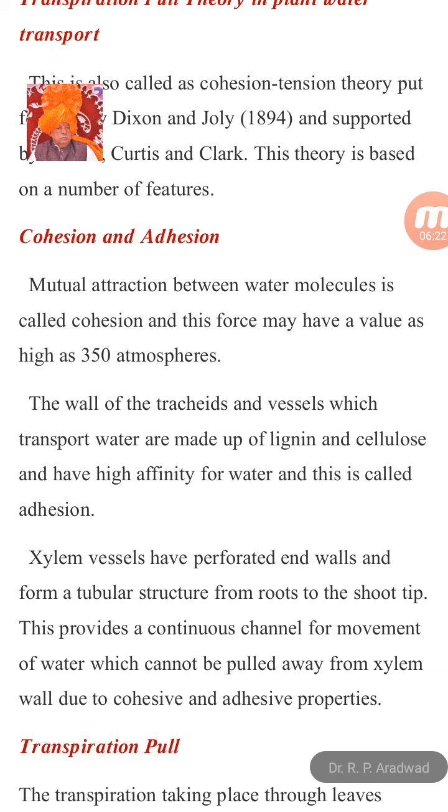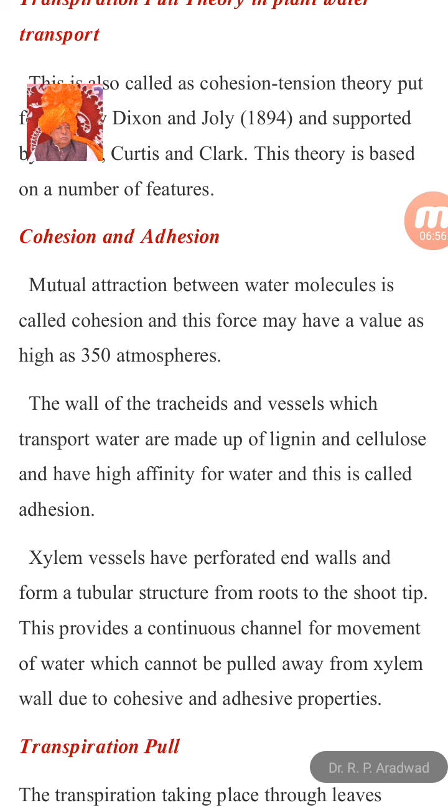So you see in the structure of vessels that pitted plates are found. Those pitted plates form a tubular structure. That tubular structure of xylem provides a continuous channel for the movement of water. A pipe-like structure is formed.